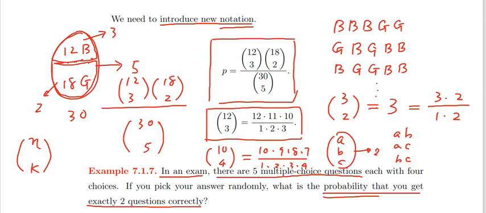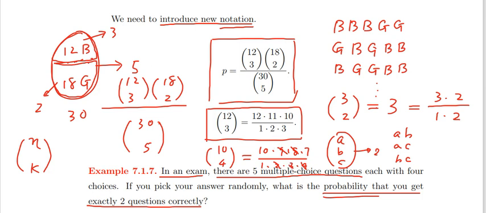So this is the notation. If we want to find, for example, from 10 people picking 4 people, how many ways, we say from 10 choose 4. If we want to find exactly how many ways, we can use this formula. Here we multiply 4 numbers, and we can cancel the 3.